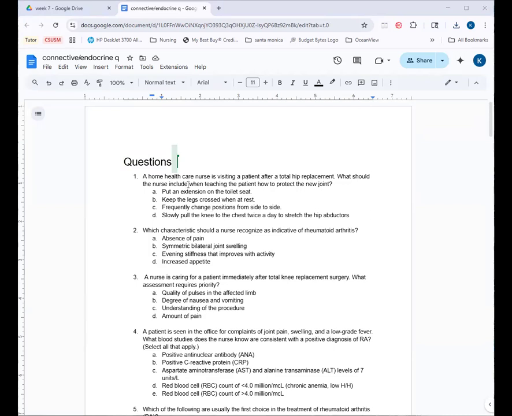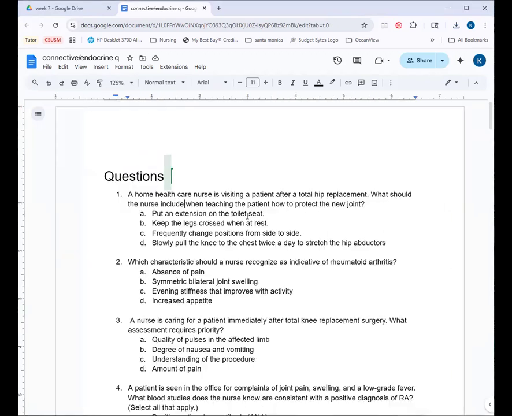Okay, cool beans. So this will be both connective and endocrine, just all week 7 content together. So number one, let me make this a bit bigger for you guys. You have a home health care nurse visiting a patient after total hip replacement. What should the nurse include when teaching the patient how to protect the new joint?